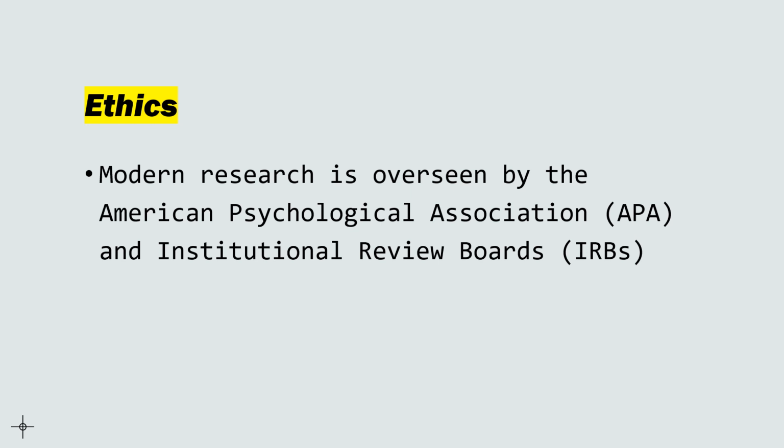These are the risks. These are the benefits. Do you want to participate or not? And that's an ongoing thing. They can quit at any time throughout the study. The IRB also asks about, are you using vulnerable populations? Just lots and lots of questions about your particular study. And then you have to get approved through them before you can carry out that study. So there is a lot more oversight and regulation.